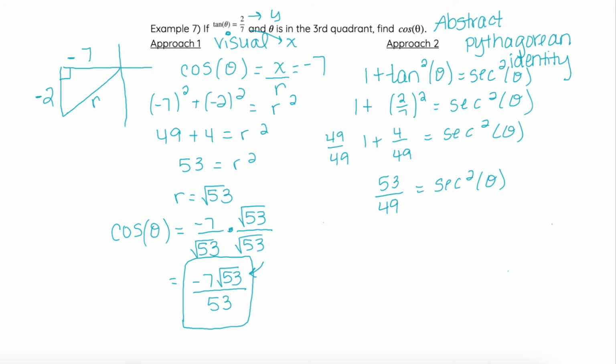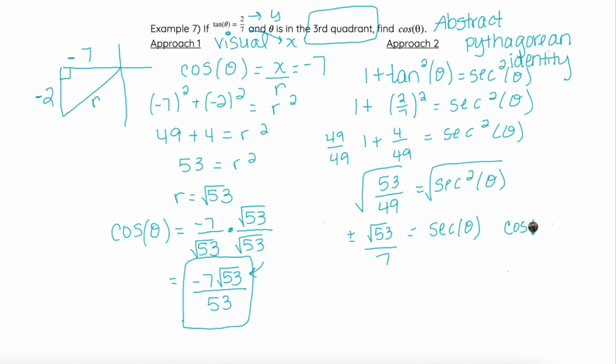When I take the square root to undo, we will have plus or minus the square root of 53 over 7 equal to secant. Since we know we're in the third quadrant, we know our cosine is negative in the third quadrant. So I'm only going to be curious about the negative version.